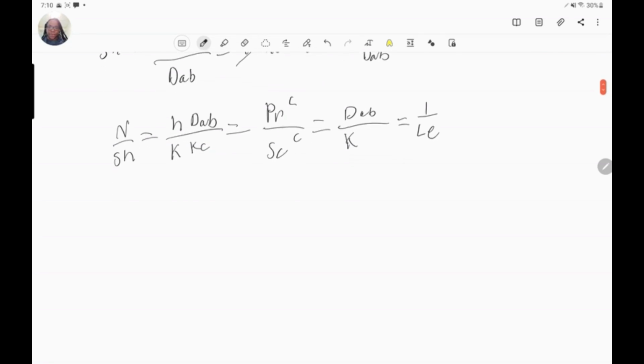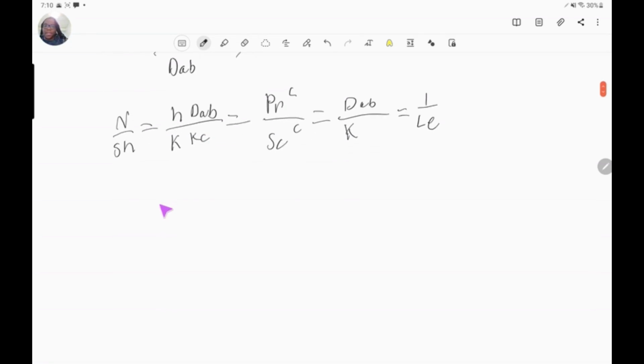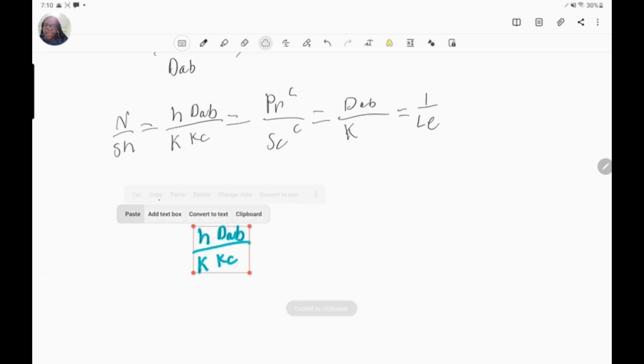What we want to focus on is this equation, and I'll just copy and paste it and bring it down.